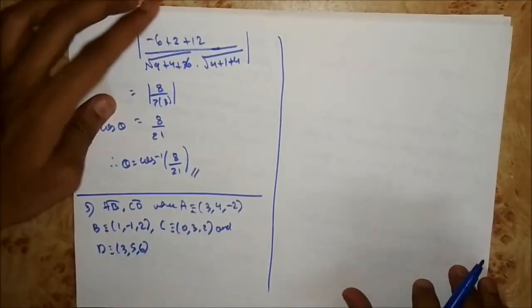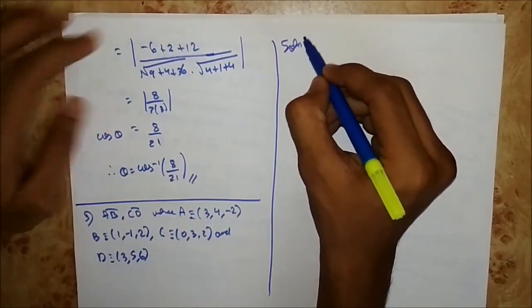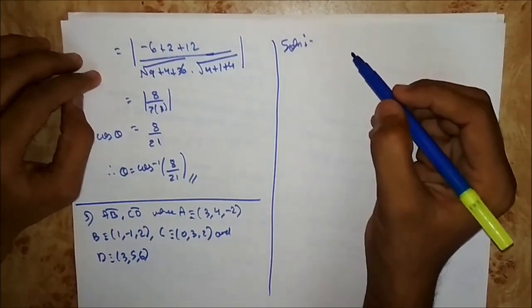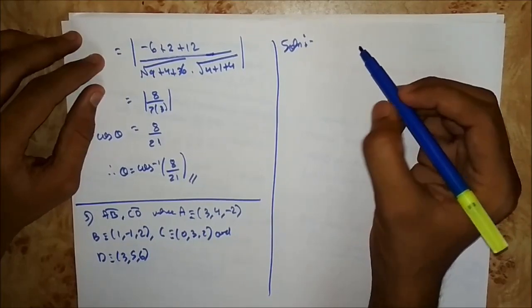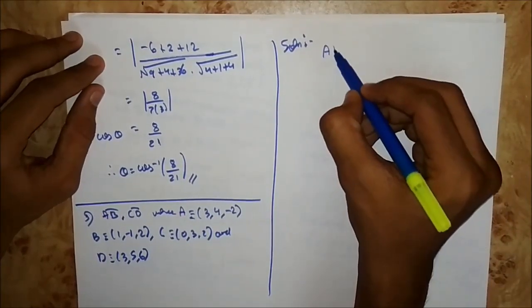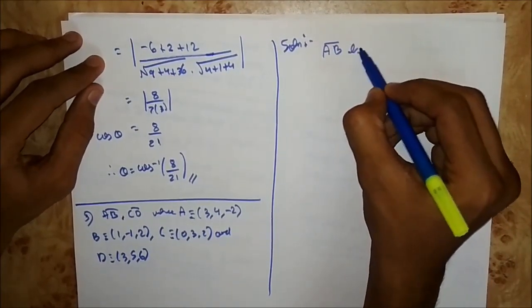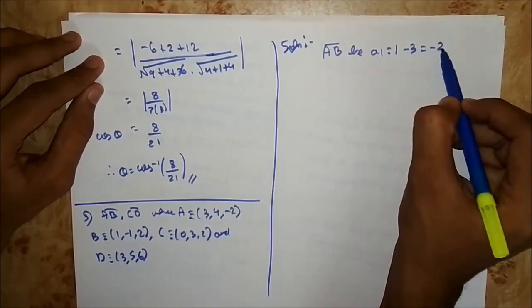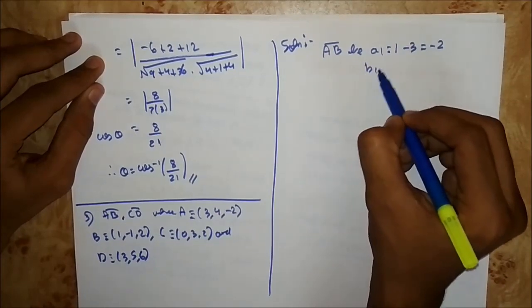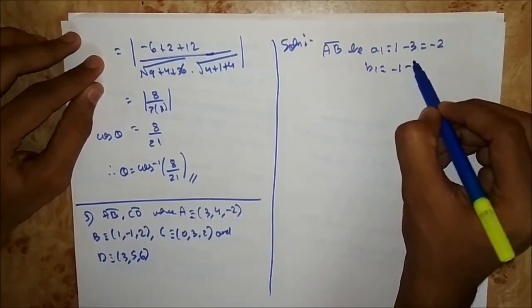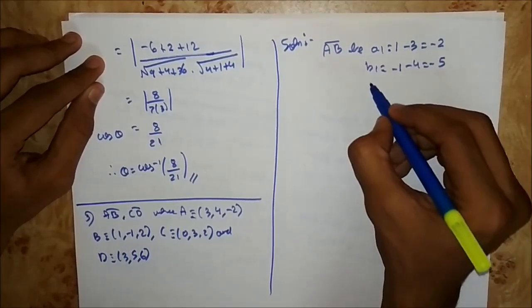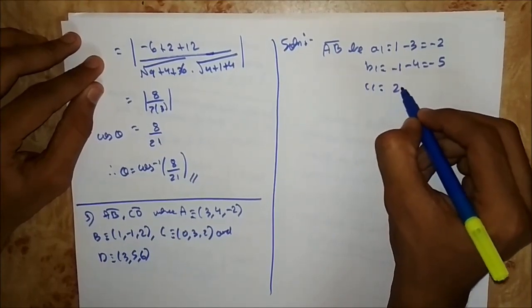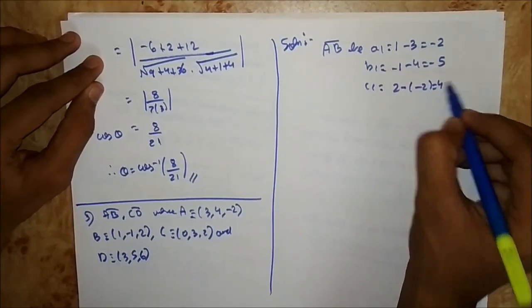Now the solution would be: let the direction ratios of the line along vector AB be A1 is equal to 1 minus 3 is equal to minus 2, B1 is equal to minus 1 minus 4 is equal to minus 5, C1 is equal to 2 minus of minus 2, that is 4.